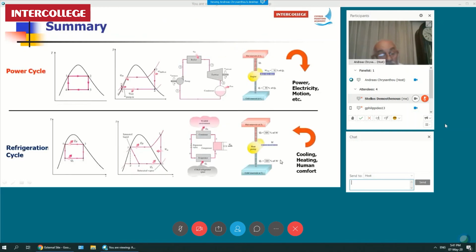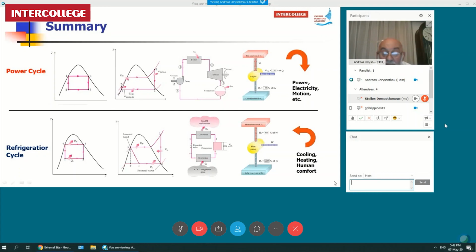Now we come to a conclusion. We have now what we have done so far. The top part of the cycle, the power cycle, is when we have our Carnot cycle going in the clockwise direction. Going clockwise, we have generation of power, we have electricity, we have motion, we have everything that moves in life.